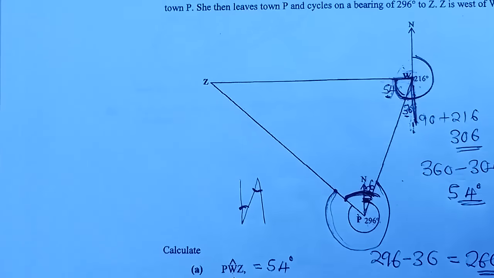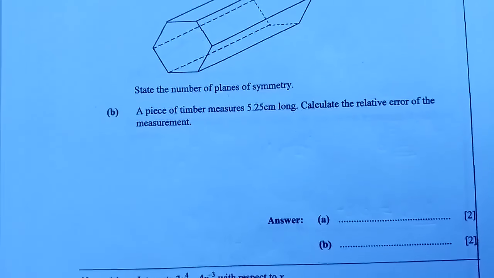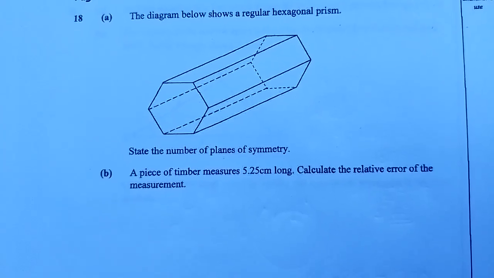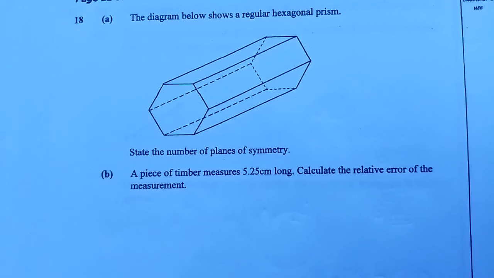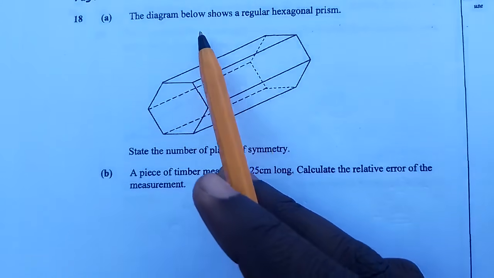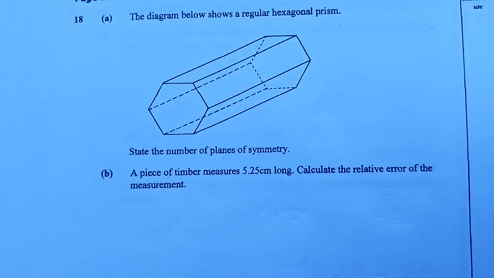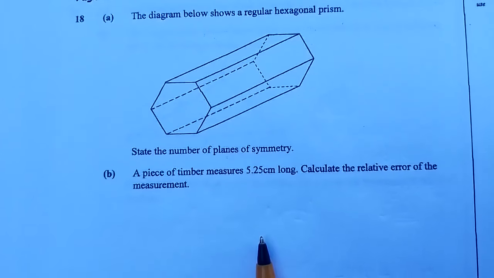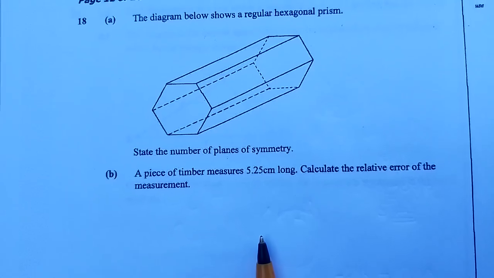So we go to the other question. This is the question that we want to answer. It is saying the diagram below shows a regular hexagonal prism.